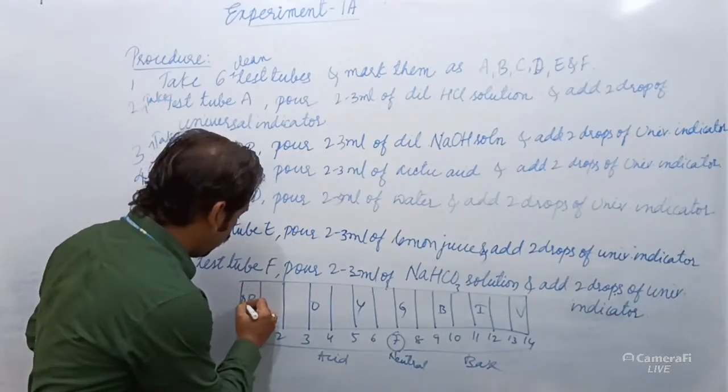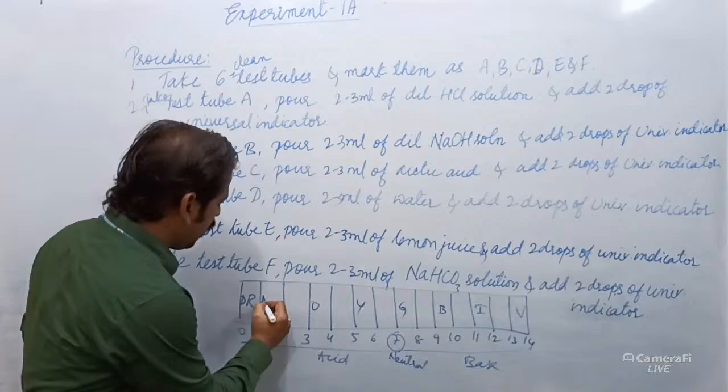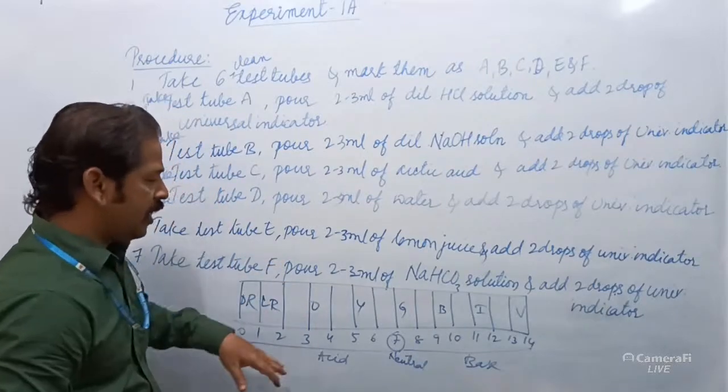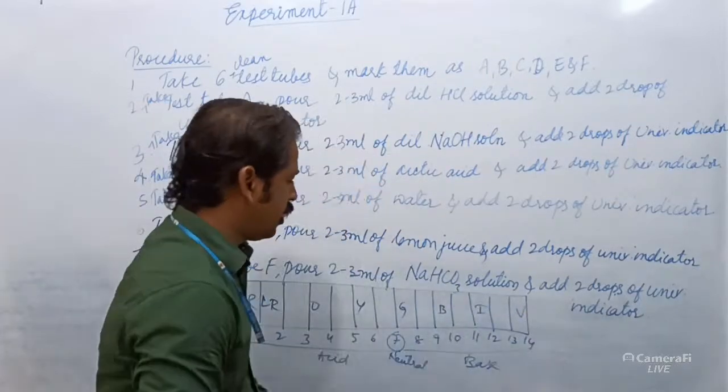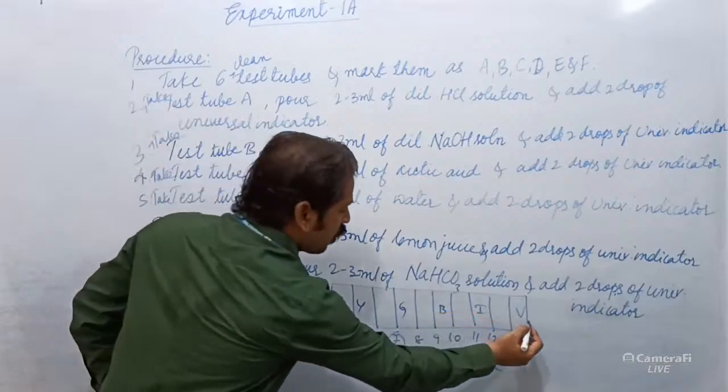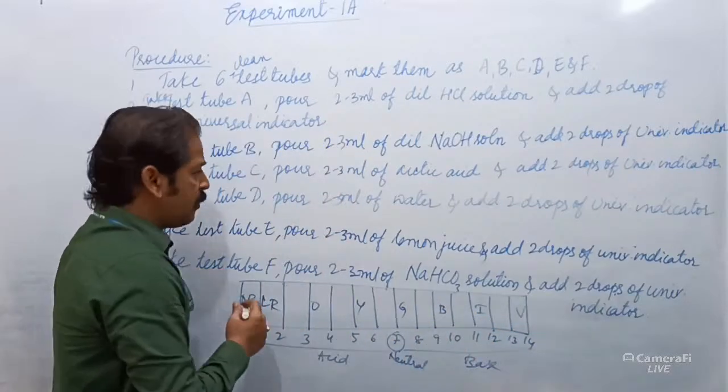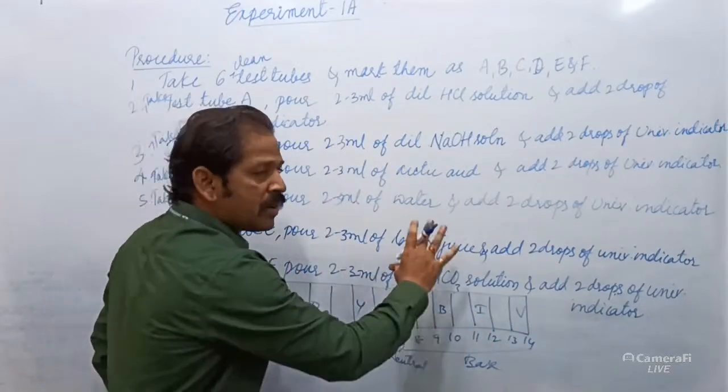Here will be a dark red, here will be a light red. It comes in this way. We can identify almost all 7 colors of the spectrum with the help of the universal indicator.